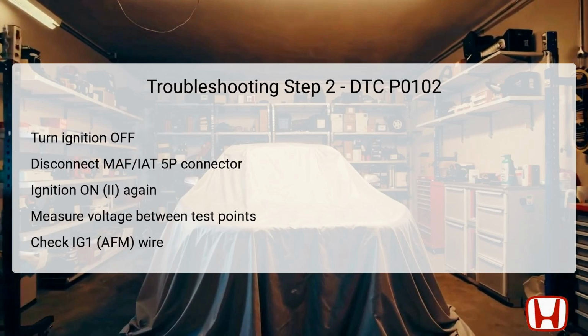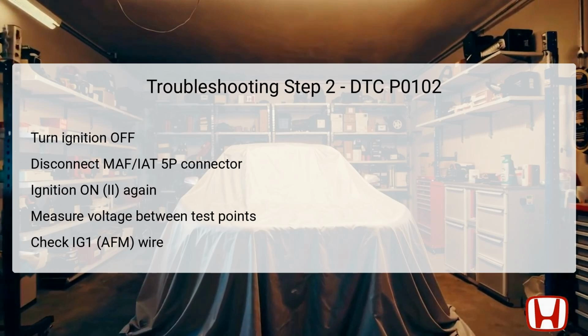In the second troubleshooting step, begin by turning the ignition switch off. The next action is to disconnect the MAF sensor IAT sensor 5P connector to isolate the MAF sensor from the circuit. Once disconnected, turn the ignition back to the on position to prepare for voltage measurement.